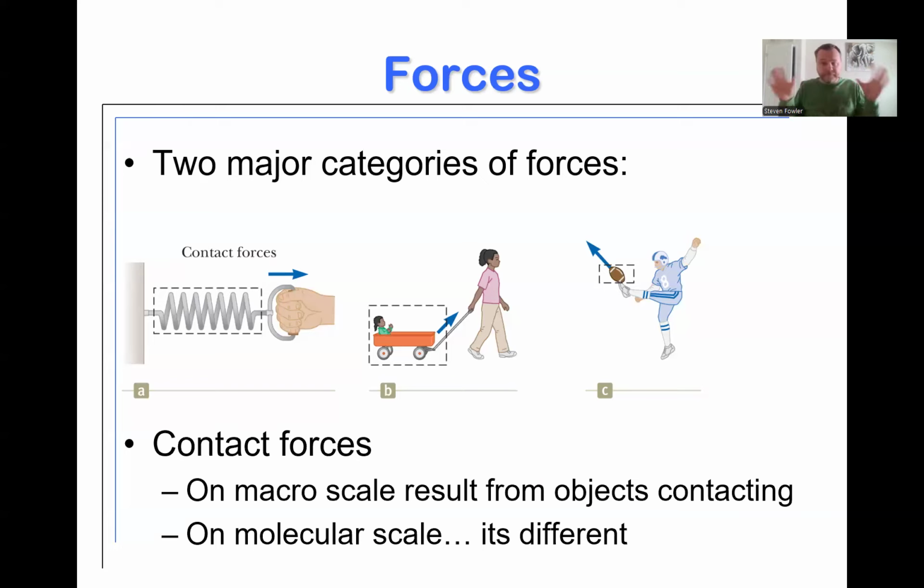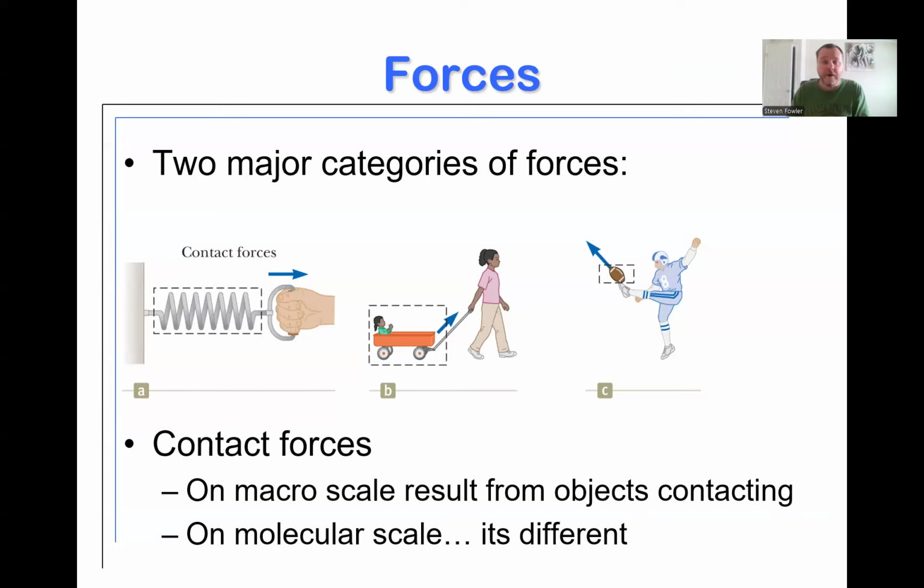For us, we can keep ourselves in the normal realm, the macro scale, the large scale, where if I've got 2 objects interacting, looking for my pen here, I've got my finger here and this pen, I can apply a force to the pen and the pen can apply a force back on me simply by 2 surfaces coming in contact with one another.